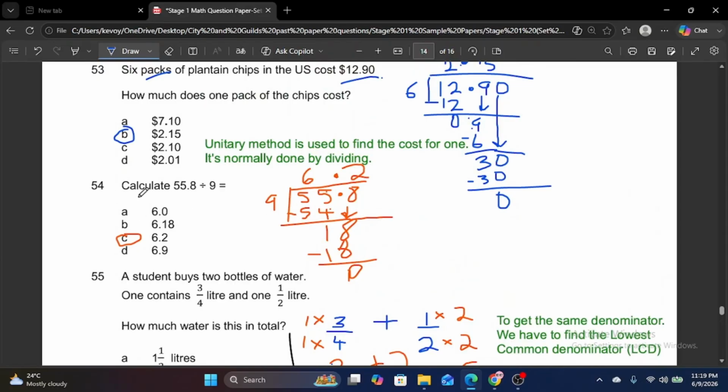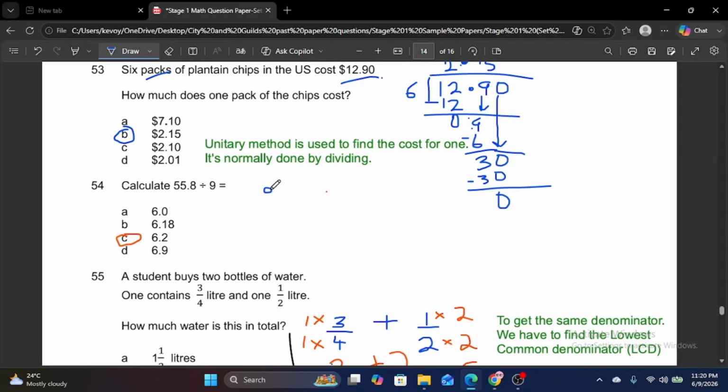Question 54 now. Calculate 55.8 divided by 9. Let me quickly run through this. We're going to do this together. Alright, because I love you guys, I'm going to do it over again.